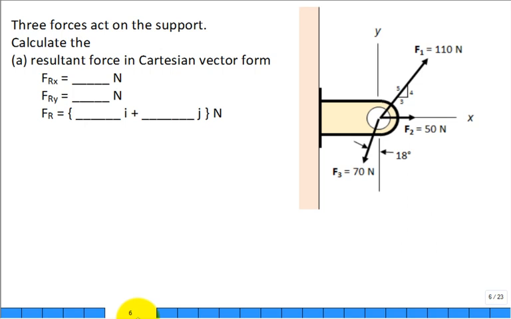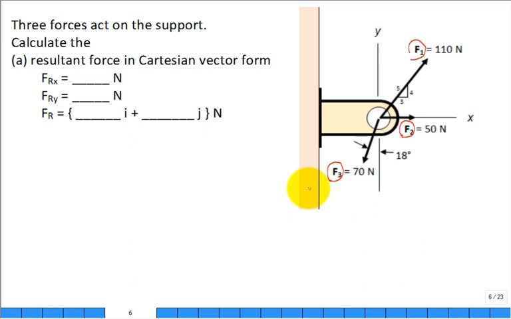Okay, now we are getting to something a little more complicated. It's still 2D, but here is a concurrent force system consisting of 3 forces, F1 and F2 and F3. And you're asked to calculate the resultant force, which is the sum of those 3 forces.